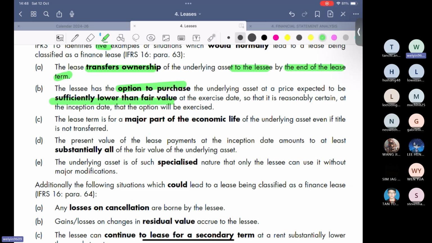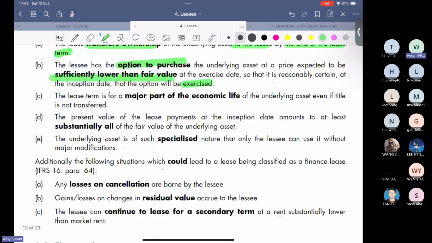Because it's lower value, therefore it's reasonably certain the option will be exercised. So finance lease. The lease term is for the major part of the economic life of the underlying asset, even if the title is not transferred. Like for example, my asset is 4 years useful life, but I rent it to you for 3 years, so 75%, so major part of the economic life.